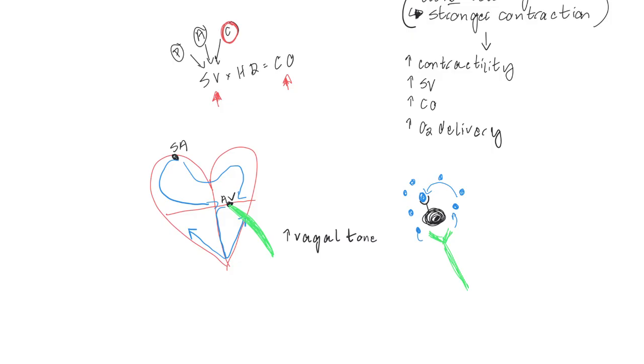And digoxin also has the effect of making these receptors more responsive to acetylcholine. So digoxin doesn't force acetylcholine release like a cholinergic drug would, but we can imagine it as kind of supercharging this highway and then making these receptors, the muscarinic receptors that sit on the AV node, in this case M2 receptors, be more responsive to acetylcholine.